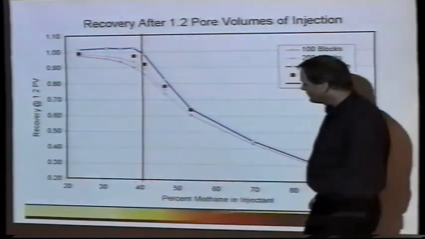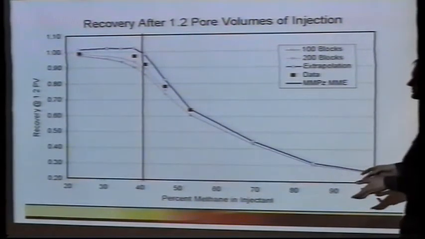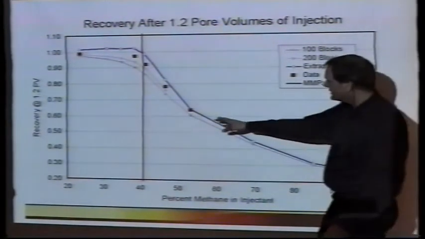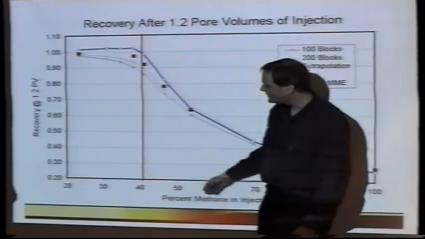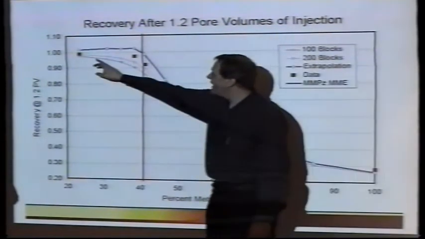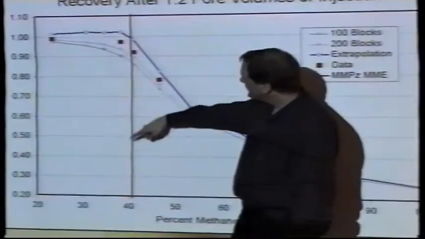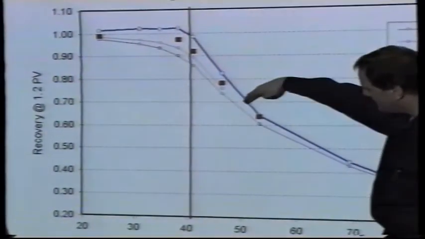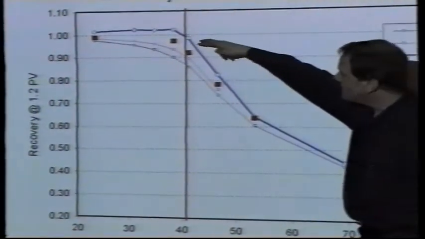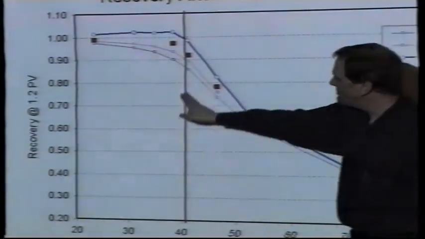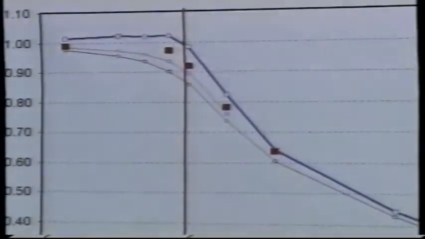And so you plot up your data like this. These are all taken at the same pressure, but now with different injectants. And you see that when you get above about 40% methane in the injectant, you start to lose recovery. So this would be your minimum miscibility enrichment point.